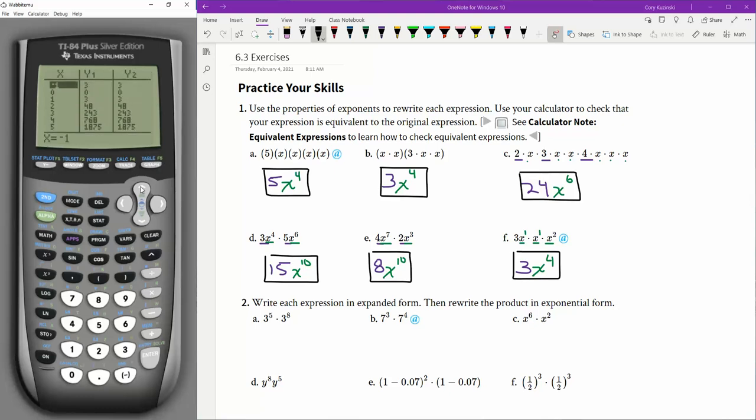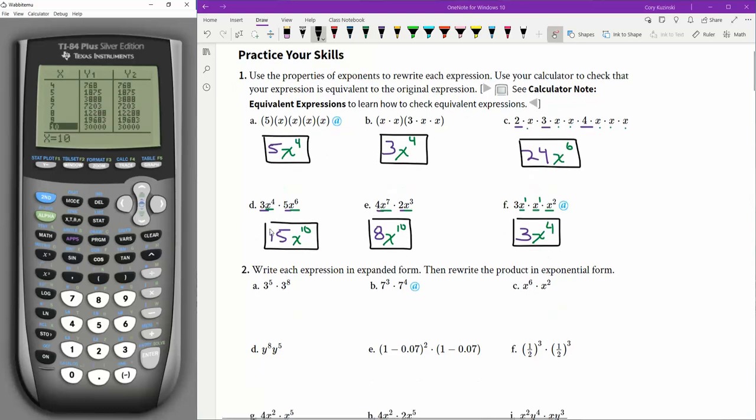What did I have entered in for x? I thought I had -2. Let's check. Oh, I have 10? Well, how did that get there? There's the 30,000. There it is. Moving on to number 2.